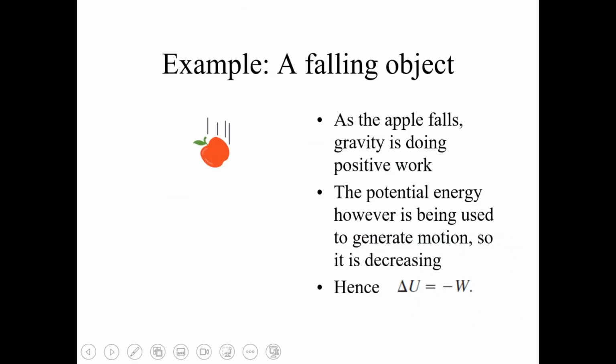I have a falling object. As the apple falls, gravity is doing positive work. We have talked about it before. We said the work done by gravity can be written as minus mg delta H, or I can write it as mgd, where d is the distance covered. So the work here is positive because both the weight and d have the same direction.